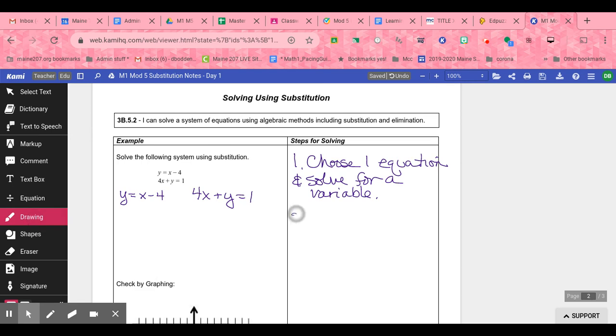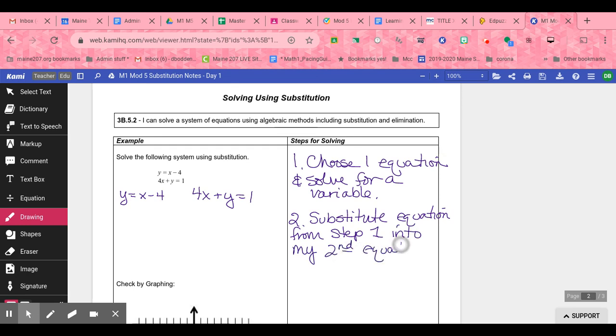Step 2, now, I am going to substitute the equation from step 1 into my second equation. All right, so in my first equation, I know that y has to equal x minus 4.